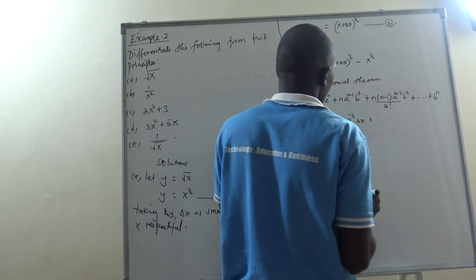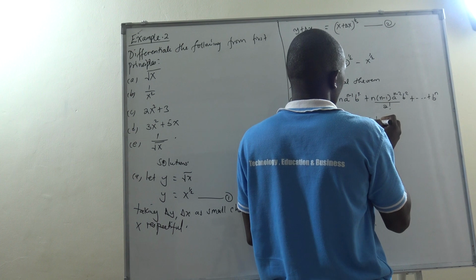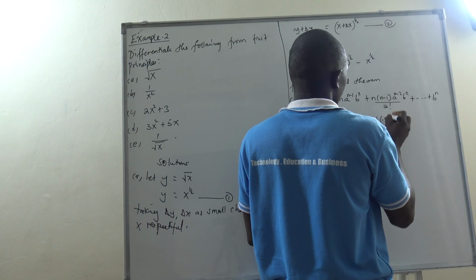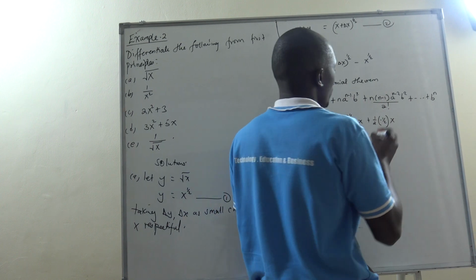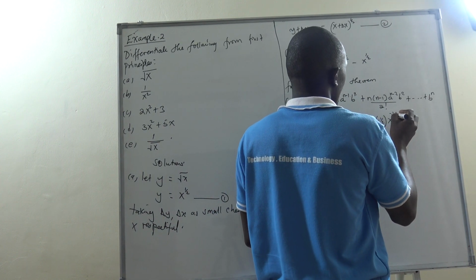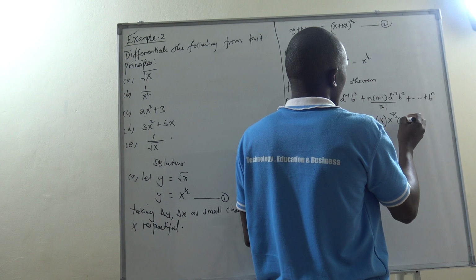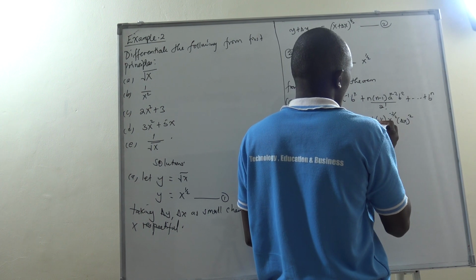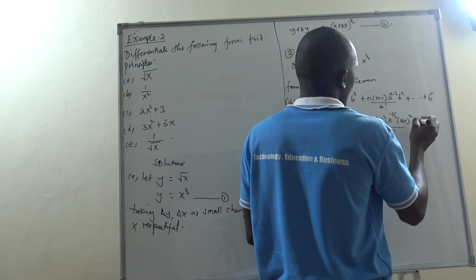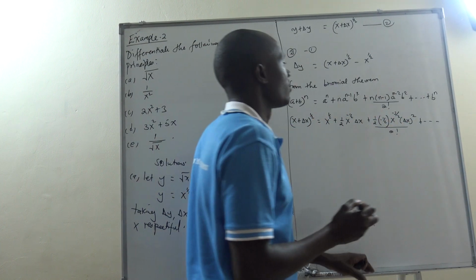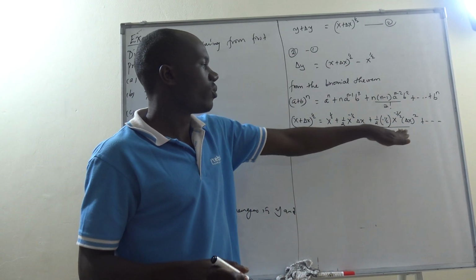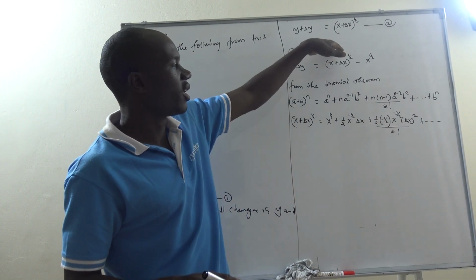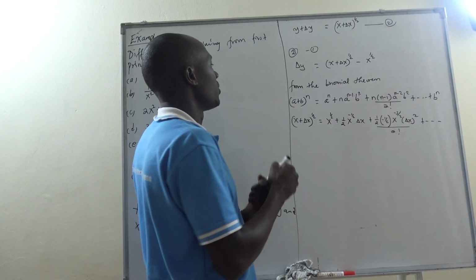Then we also say plus, this one becomes a half into negative a half, then x power negative a half minus 1, we are getting negative 3 by 2, then delta x, the whole of it squared, out of 2 factorial plus other terms. Now, after coming out with such an expansion, we are going to bring the whole of that into there, and we see what will come out.